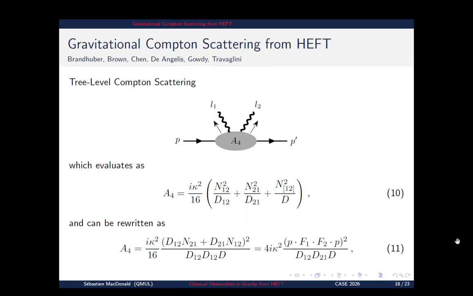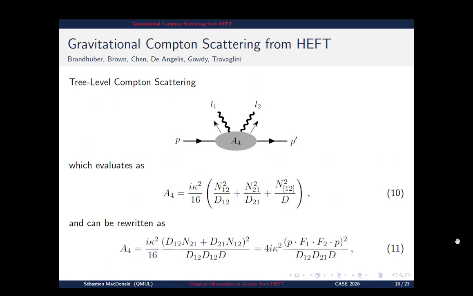Okay, so let's look at an example now. We're just going to look at tree level gravitational Compton scattering, and we're going to look at how heavy mass effective theory can help us do that. It's a massive scalar going in and coming out with a different momentum after it's interacted with two gravitons. So we can write this amplitude in a way which makes the double copy very clear. Kappa squared is just Newton's constant.